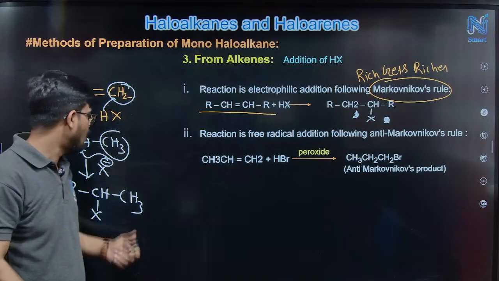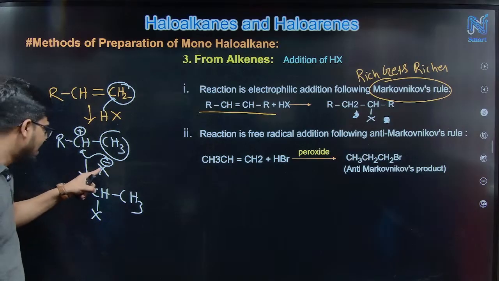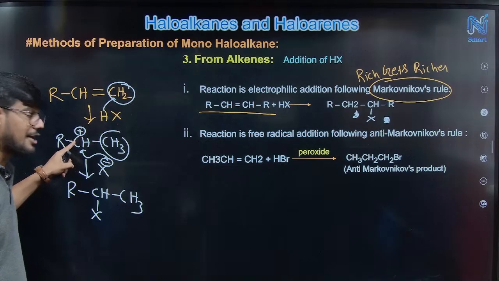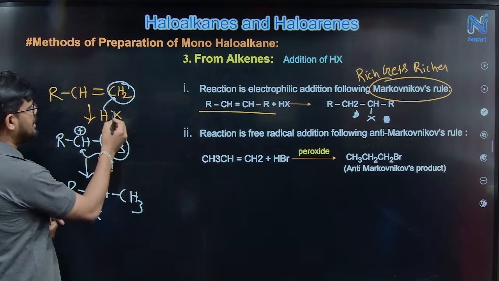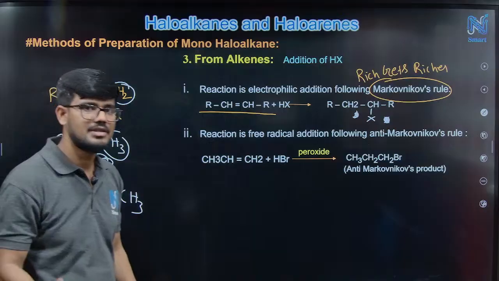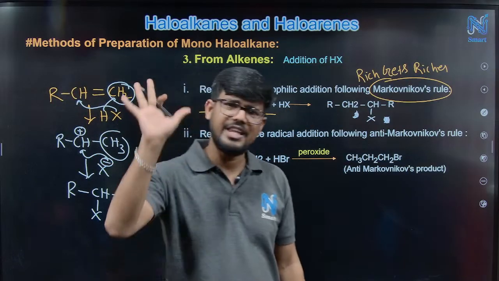X will attack the carbon which is having less number of hydrogens. So in this, X will attack this and hydrogen will attack that. Simple way, right? Now Markovnikov's rule we have understood, very easy.